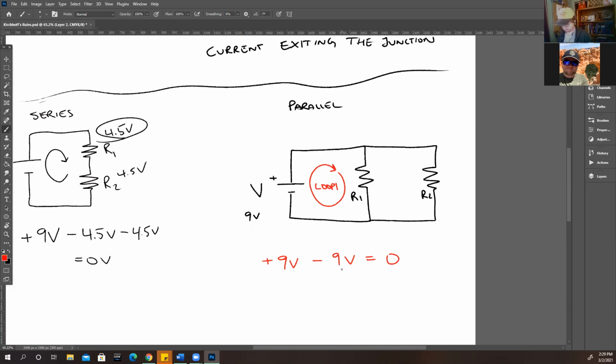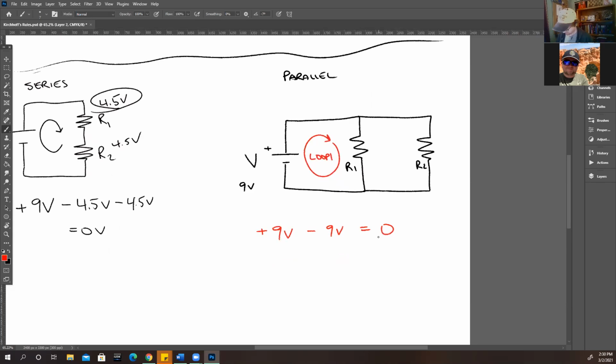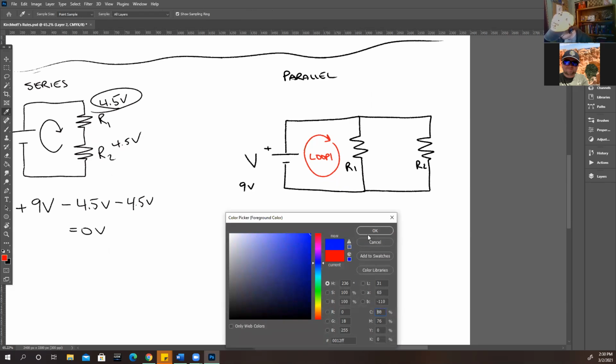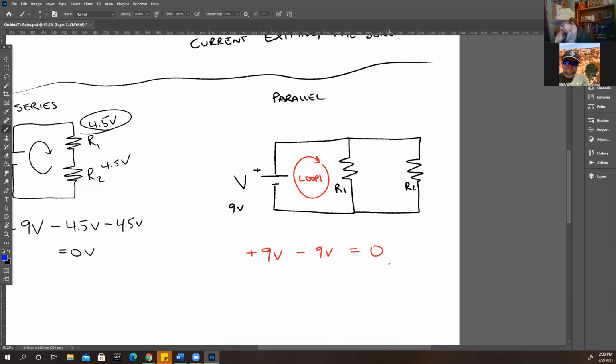And even without measuring, say I didn't know this, I say 9 minus what equals 0. From the voltage rule, I know this should be 9 volts without even needing to measure. Okay, I think I helped a few people, and I showed them that there's also this outer loop happening with this parallel case.